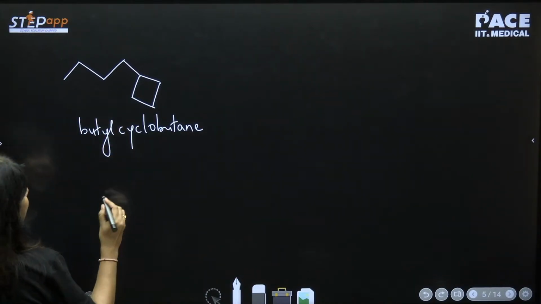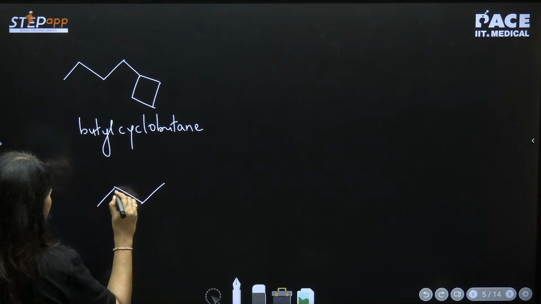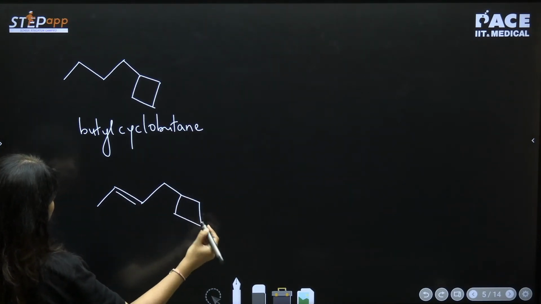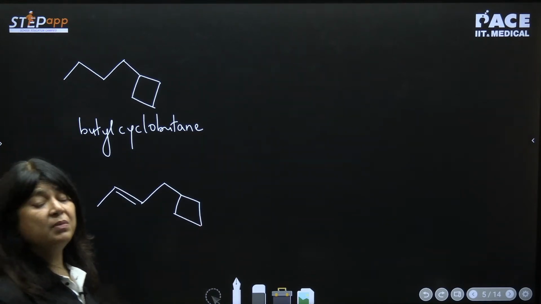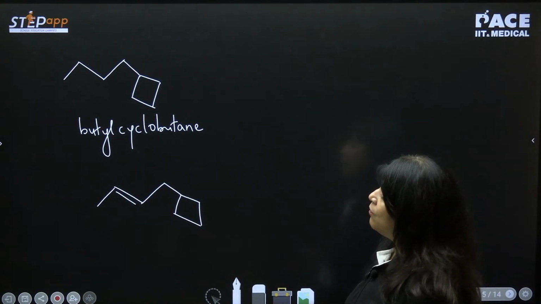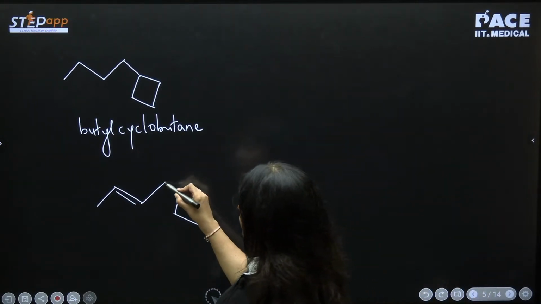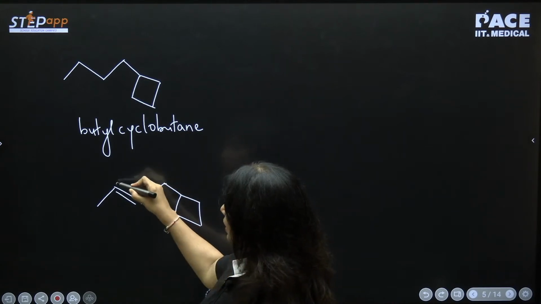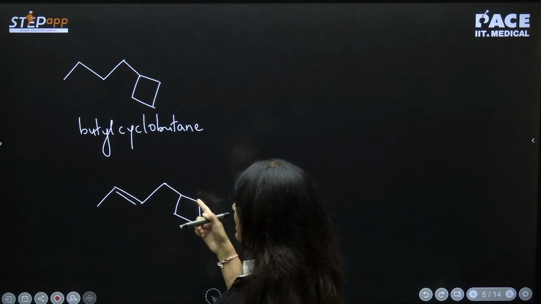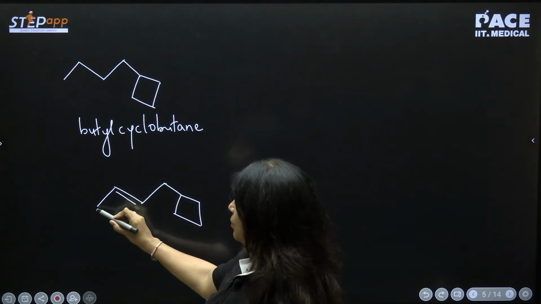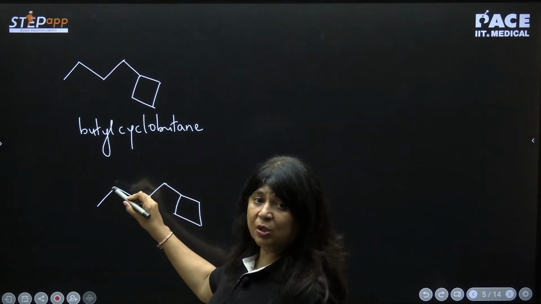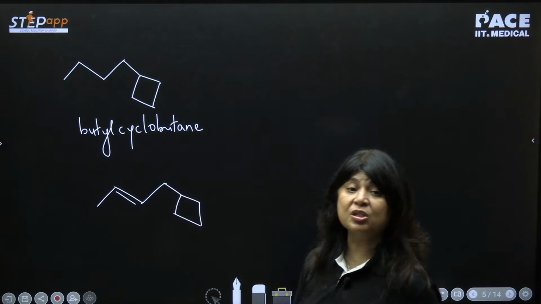But now if the side chain has something like a double bond, now the side chain becomes the parent chain because it has a double bond. So numbering again from which side? If I number from this carbon, 1, 2, 3, 4, the double bond gets position 2 and the substituent gets position 1. If I number from this side, 1, 2, 3, 4, the double bond is still getting position 2, but the substituent is getting position 4.